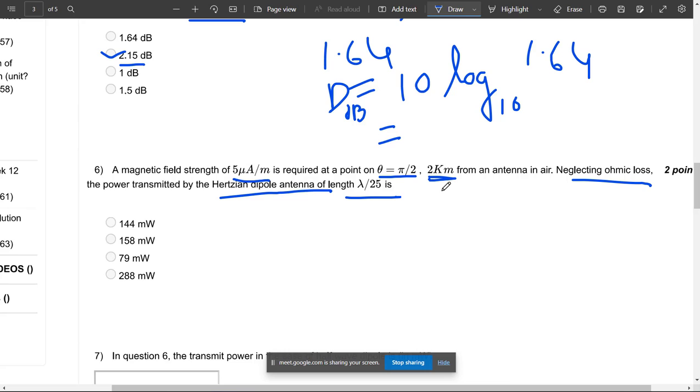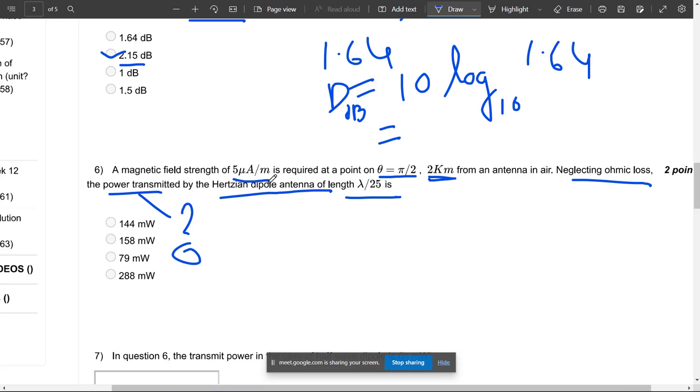It has a length of lambda by 25. Now it's asked that 2 kilometers away from the antenna, if we want a magnetic field strength of 5 microamperes per meter, then what will be the power transmitted? So power transmitted is asked from us. You understood the question, right?